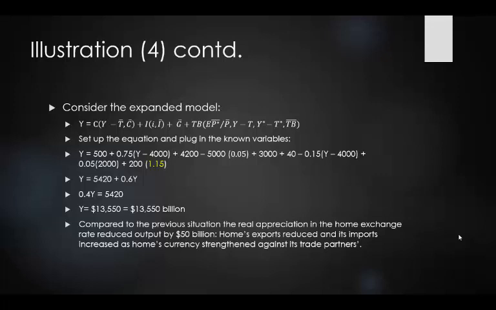This is a reduction in output, and this is expected since the real appreciation has made home's basket more expensive than that of its trade partners, and therefore results in fewer exports from home and more imports from foreign. The trade balance therefore falls, as does planned spending. Output falls therefore to restore equilibrium in the model.